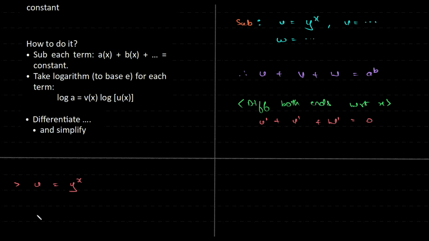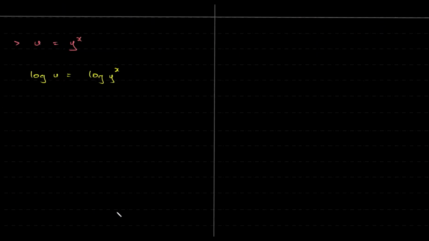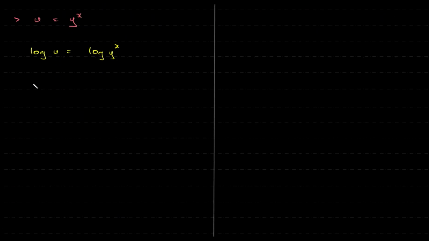Then we apply log on both ends, and we saw this application. This turns out to be log of u is equal to x into log of y. After that, we can move forward with the differentiation.